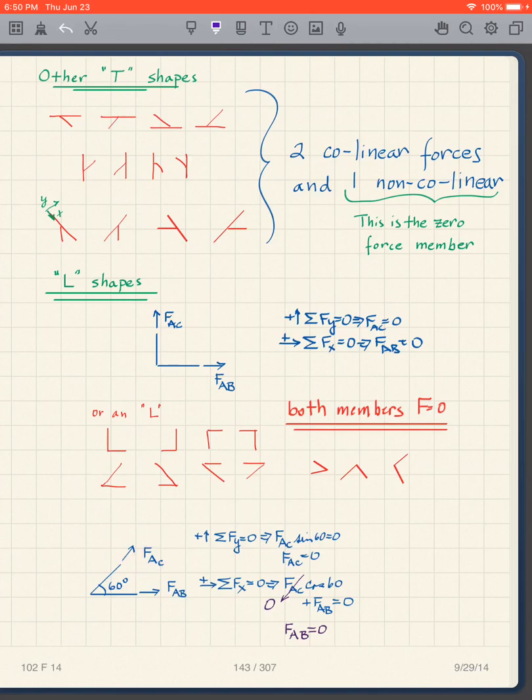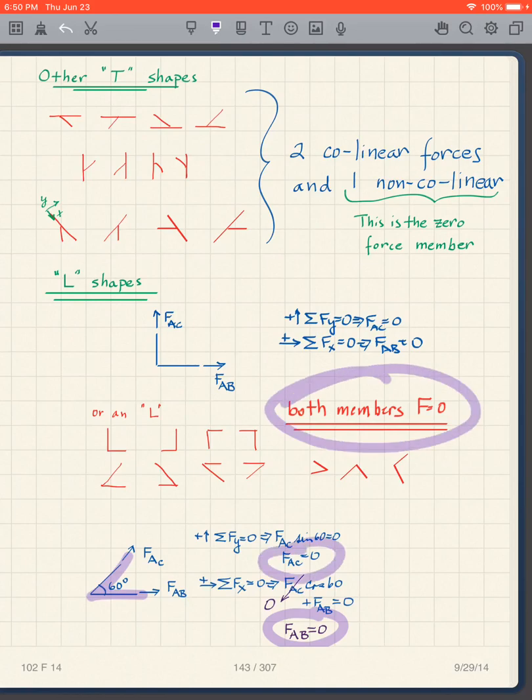And then if I take the sum of the forces in the x direction, I'm going to have FAB plus FAC cosine 60 equals 0. But FAC is already 0, so FAB becomes 0. So again, even though I have a distorted L, both members are zero force members.